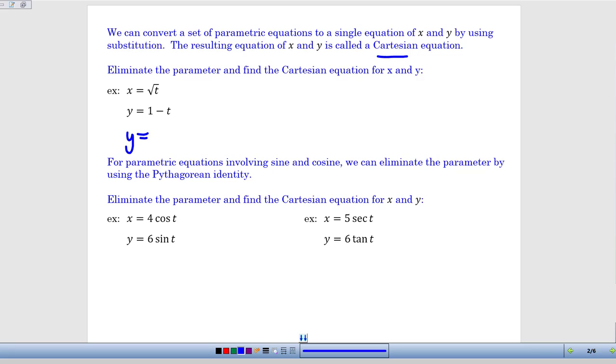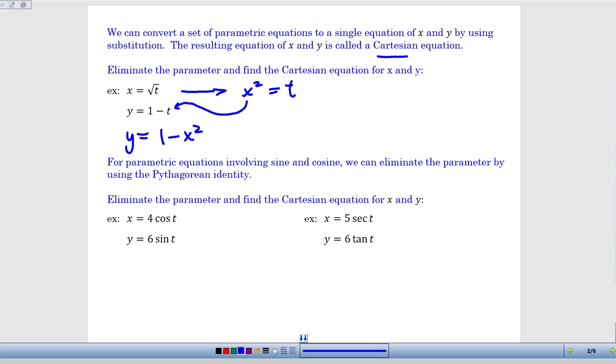So I'm going to leave that bottom equation as it is right now, 1 minus t, and instead I'm going to work on this top equation here and isolate t in that one. And I can do that by squaring both sides. If I square both sides of that equation, I'm going to get x squared equals t. And so now I can make that substitution into this second equation. And so then I get 1 minus x squared.